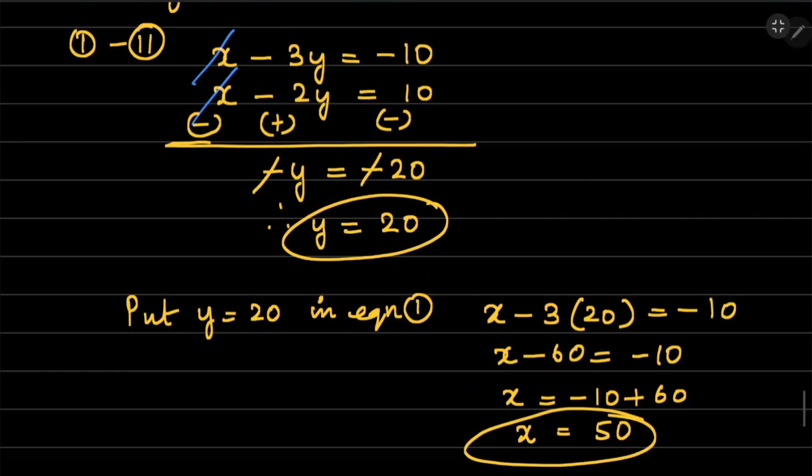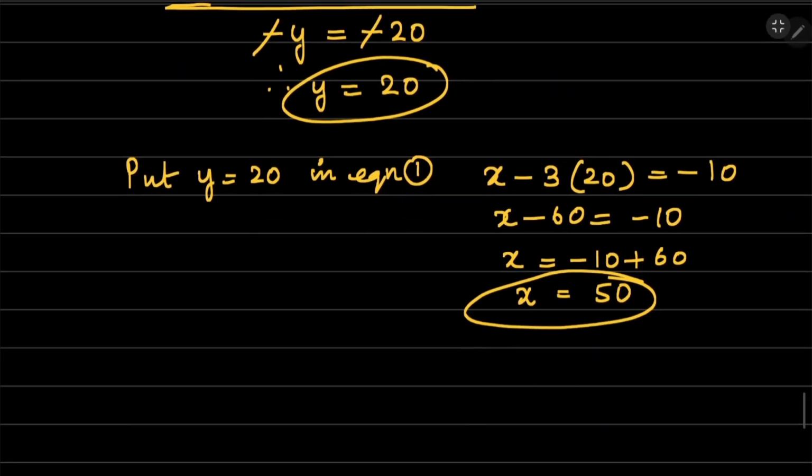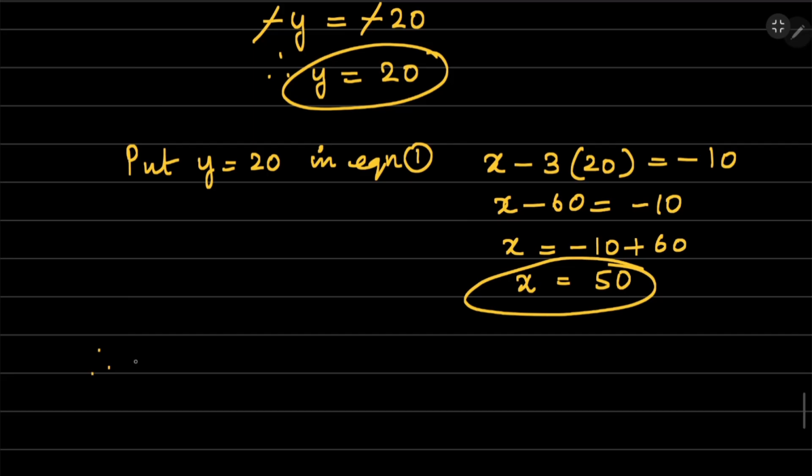What is x? X is the present age of Nouri. So you can finally write, therefore, Nouri's present age is equal to 50 years.